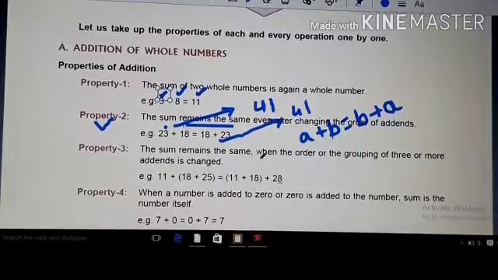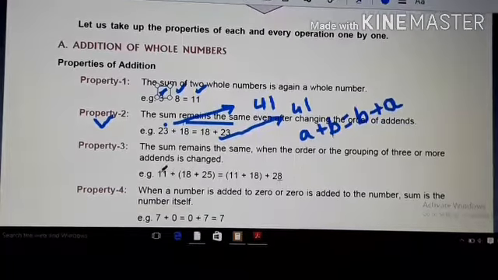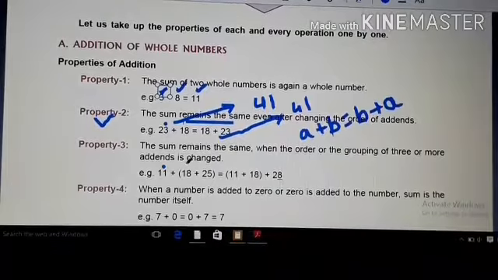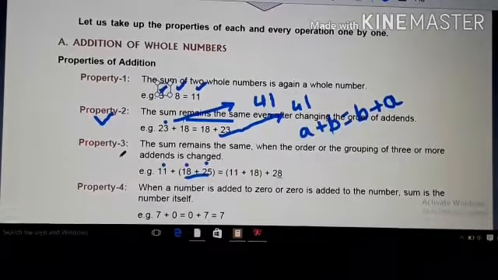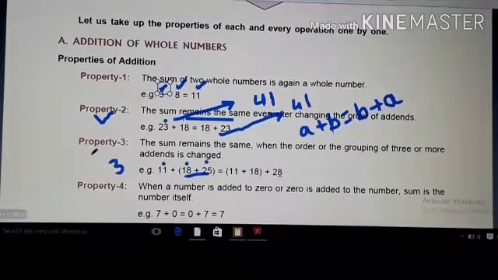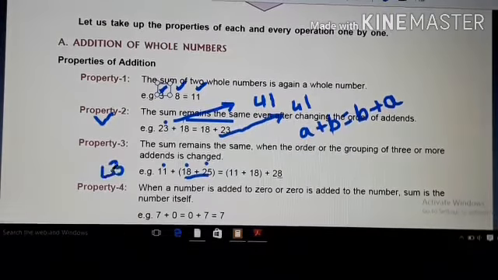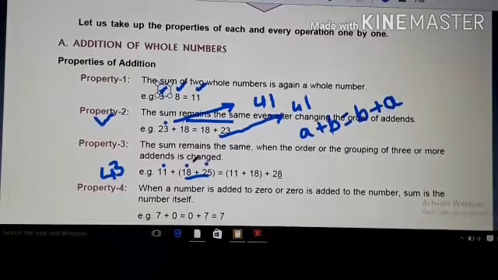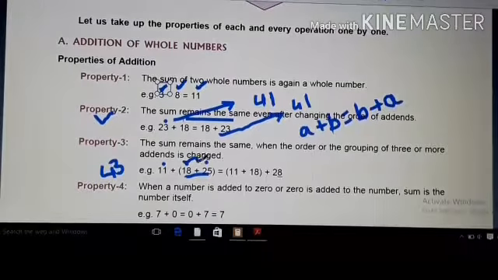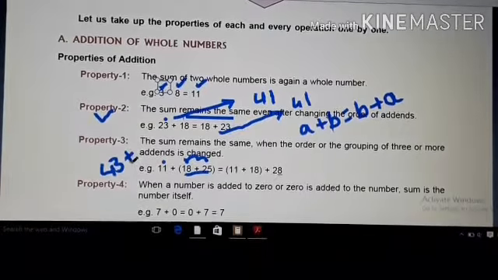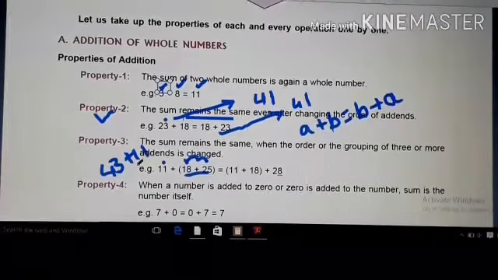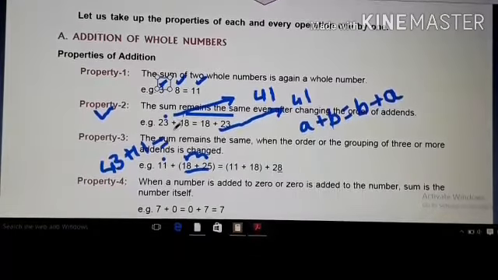That is, with 11, 18 and 25, when we add 18 with 25 we get 43. When we add 11 with it we get 54.